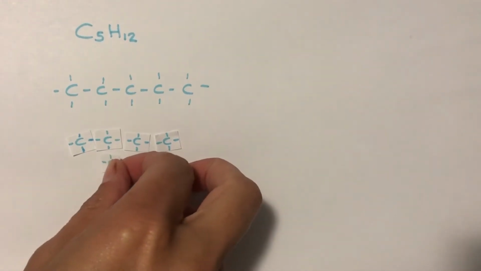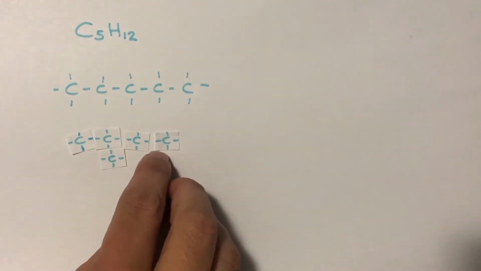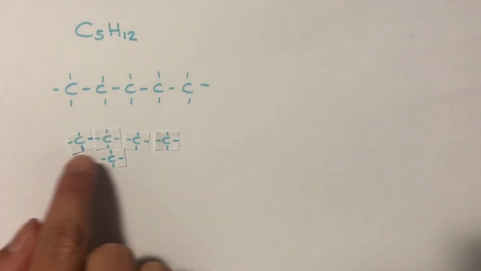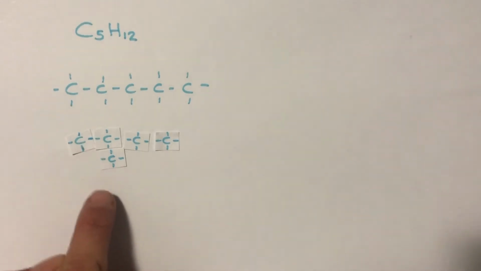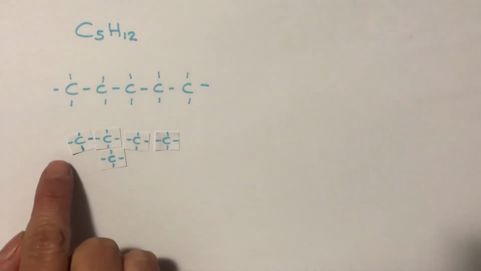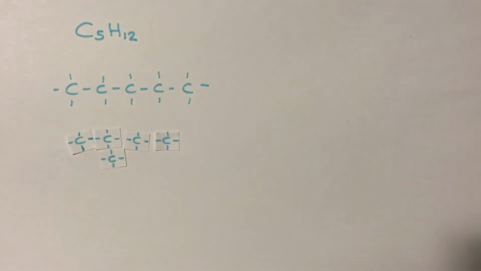It might break off and come here as a side chain. And now we don't have a pentane, we have a butane with a little methyl group on the second carbon. So this would be called 2-methyl butane.